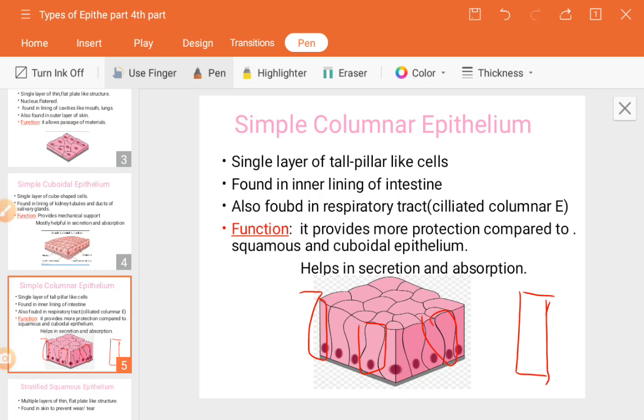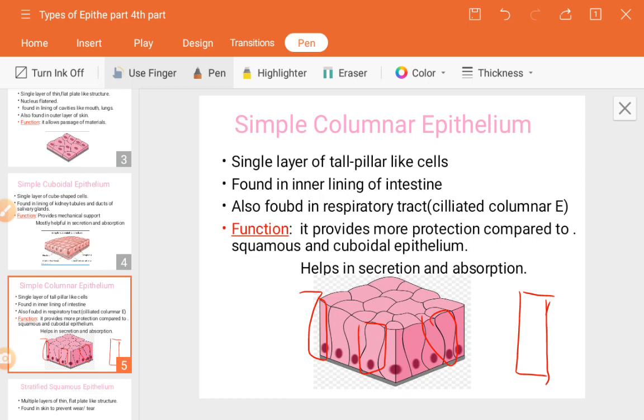What do they actually do? The hair-like structures help in obstructing, or restricting, foreign particles or outside materials from passing inside the body, okay. That is their function.